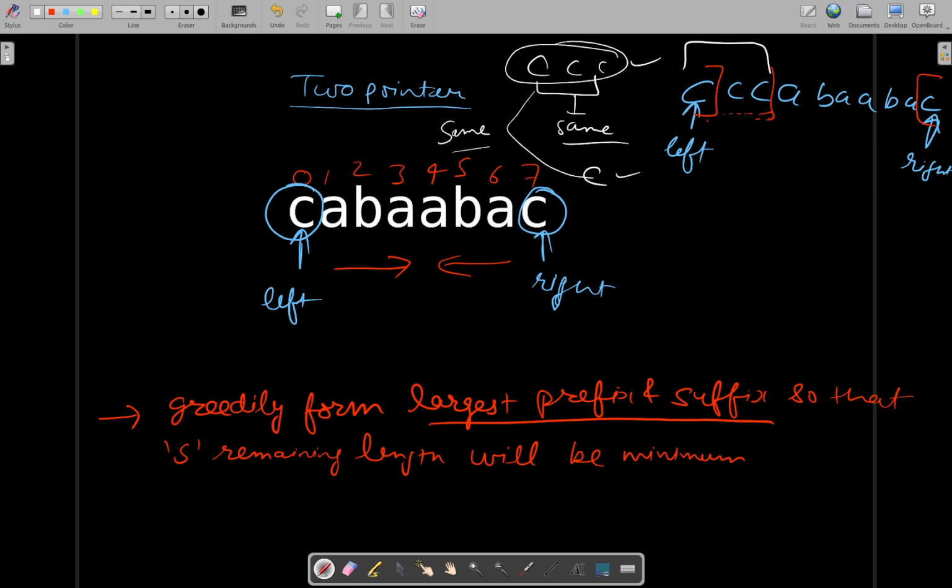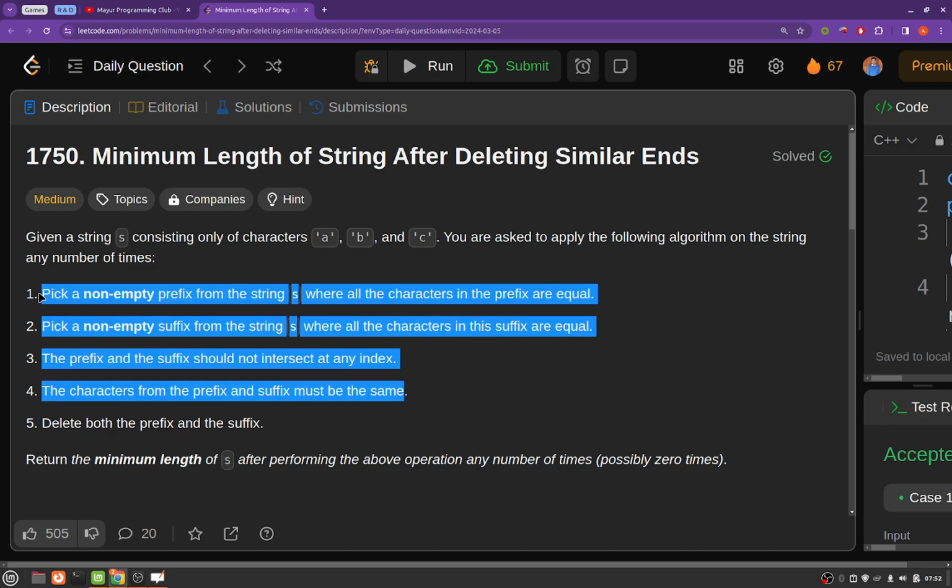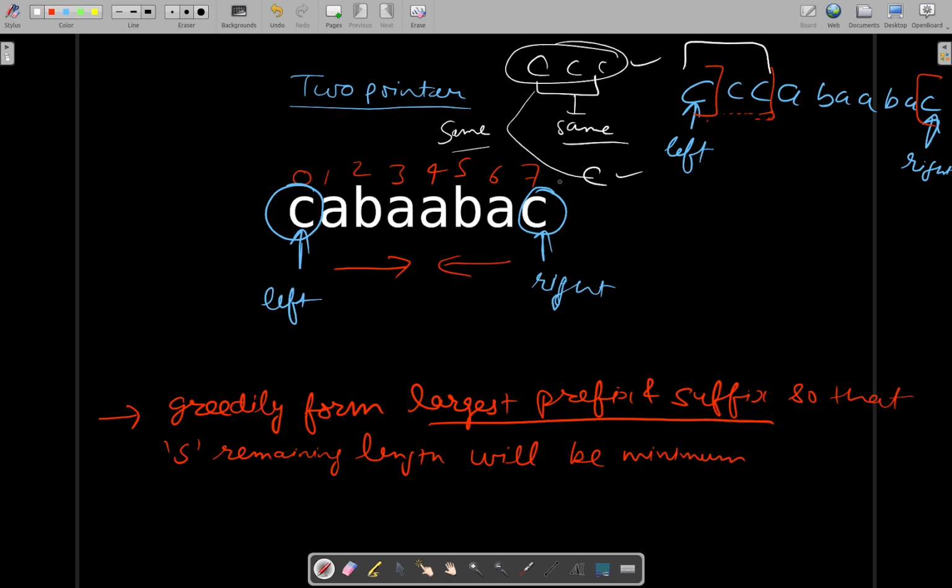It is non-empty, it is non-empty. Okay, so everything is set, every condition is satisfied, and we can safely delete these two and move our left and right pointers towards the center. So this is what we will be doing, and let's see the implementation. Things will be more clear there.